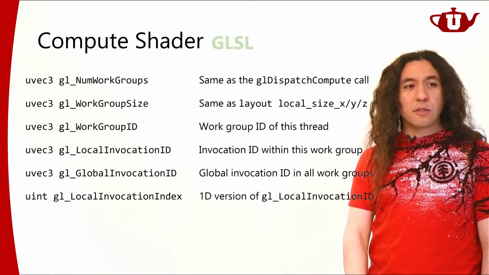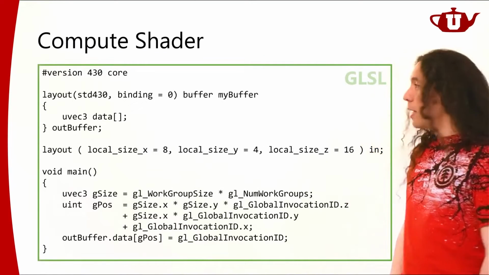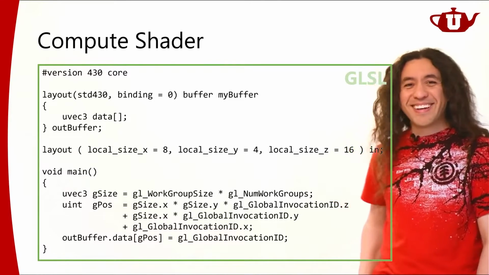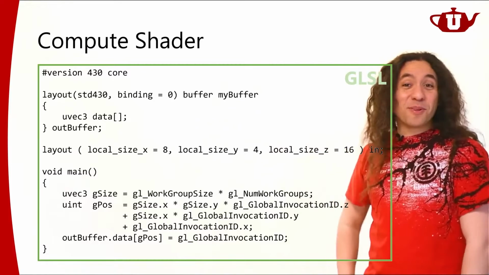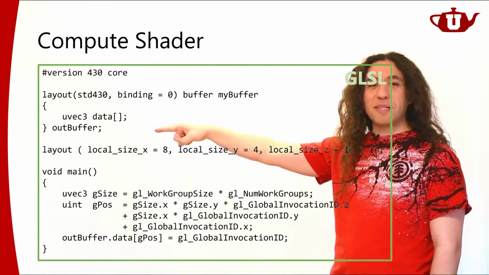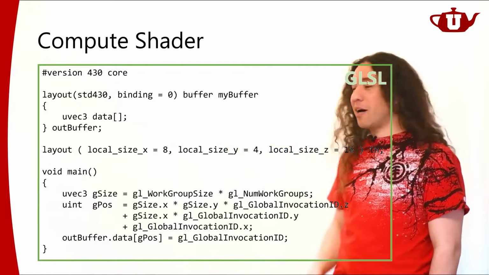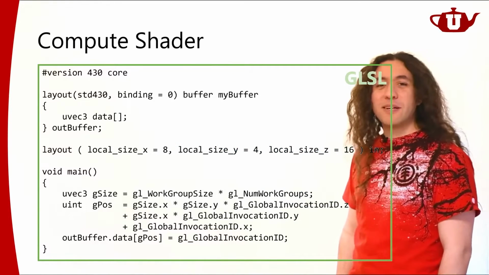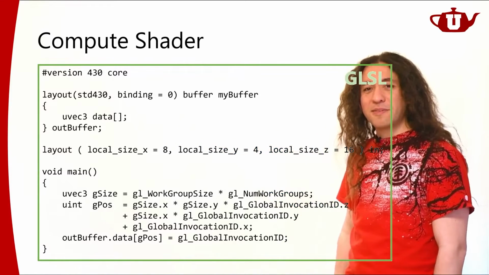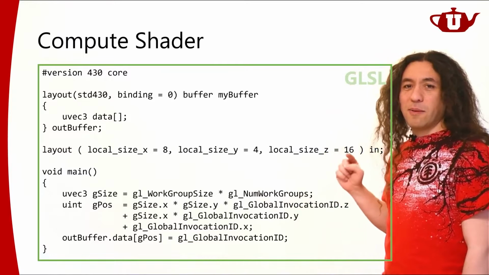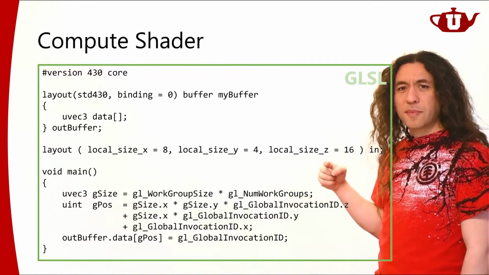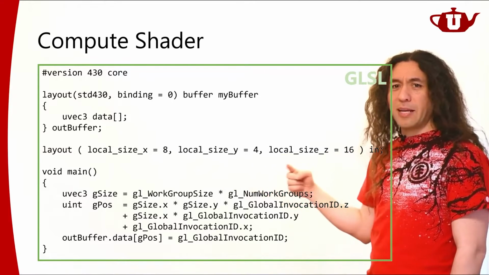All right, let me give you an example compute shader that does absolutely nothing useful, but it's a full compute shader that works. This is my buffer that I'm sending. It's just going to be an array of 3D unsigned integer vectors, and I'm specifying these funny numbers here: 8, 4, 16.